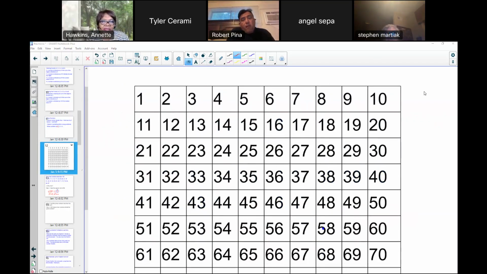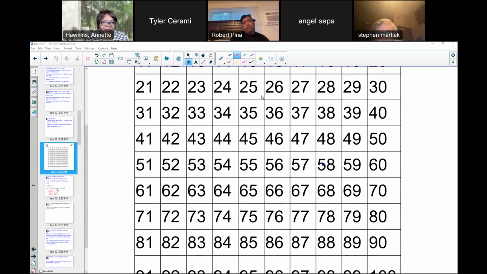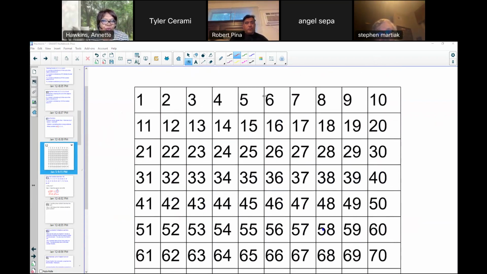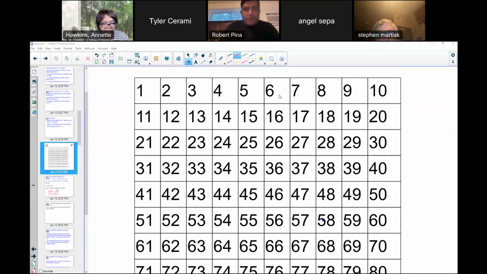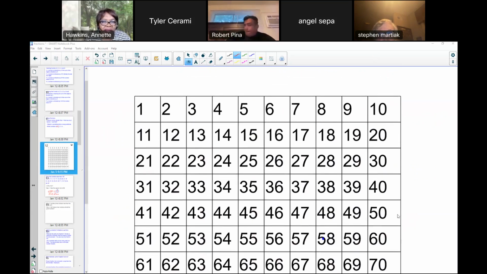So here is a chart of 100 numbers, and we're going to go through and find prime numbers. Let me give you a chance. We'll just go up to 60. If you can write these numbers up to 60, and then we'll talk about them.